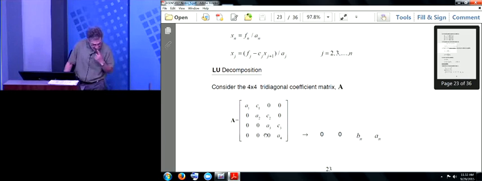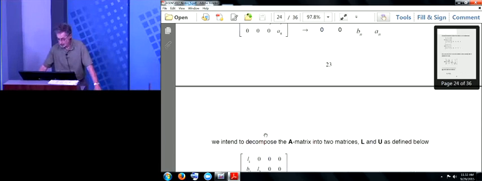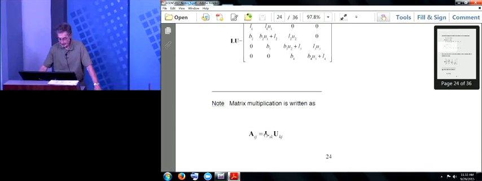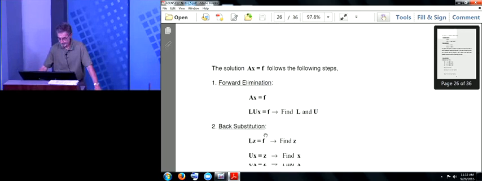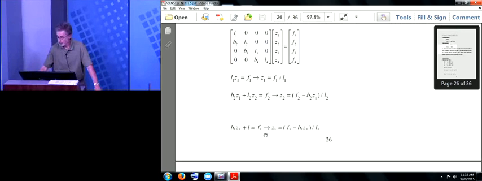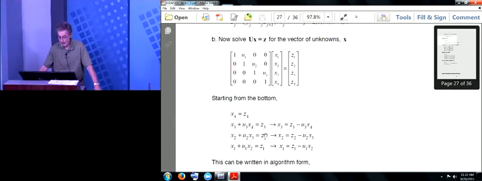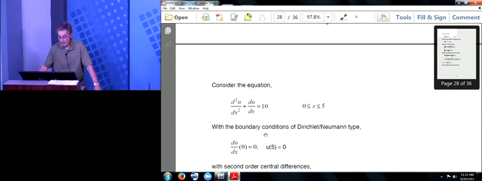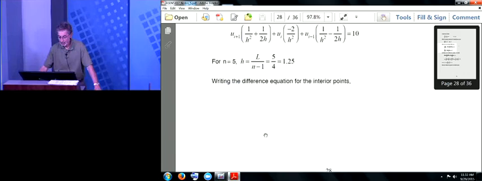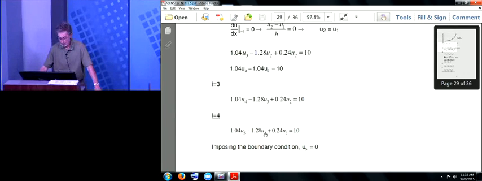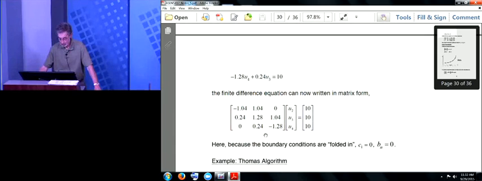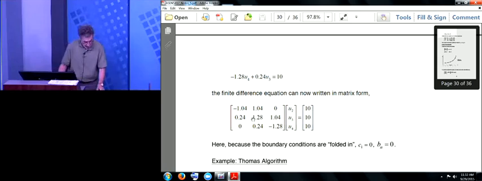There's a minus sign on page 30. Right here, there should be a minus sign. Okay.